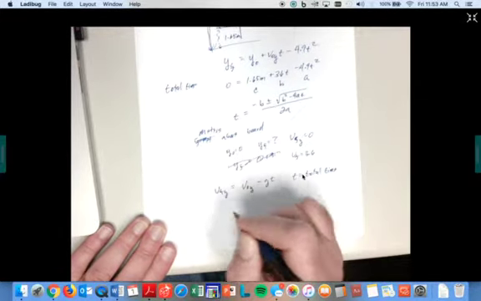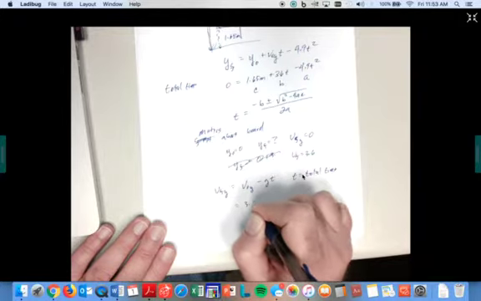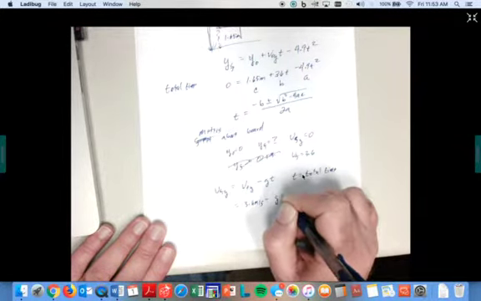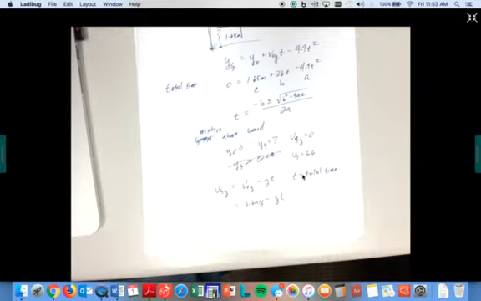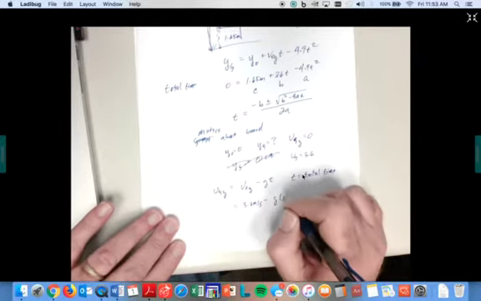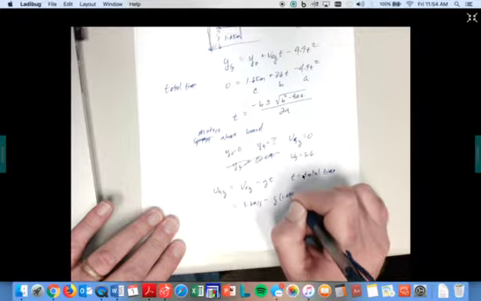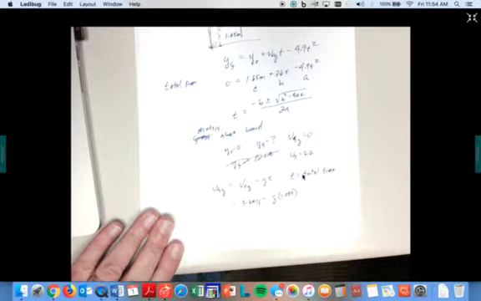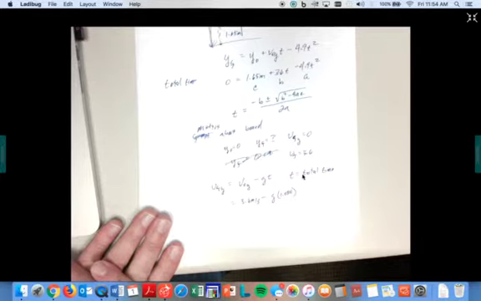Okay, and so you got 3.6 meters per second minus g times 1.054, and you'll get her final velocity, and it'll be negative.